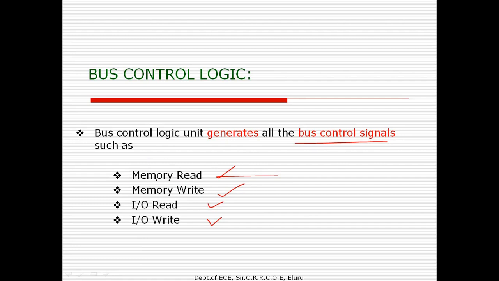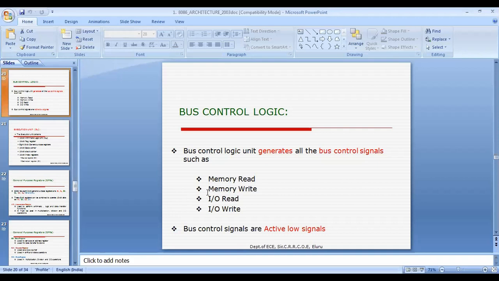This is all about the bus interfacing unit. In the bus interfacing unit we have discussed segment registers, instruction pointer register, address generation unit, then instruction queue and bus control logic.